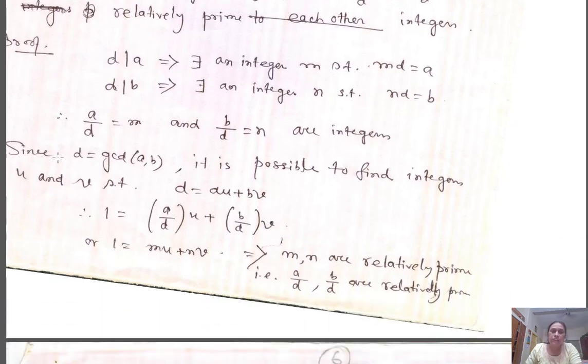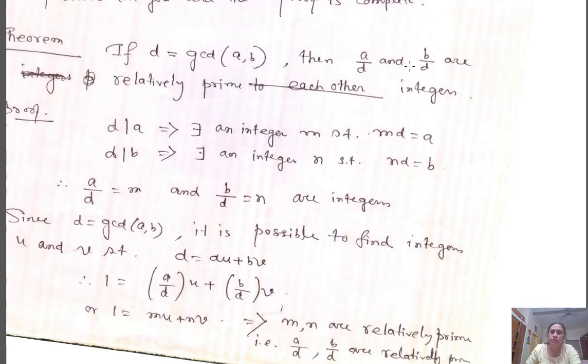Now, since GCD of A and B is D, by Bezout's identity you can find integers U, V such that D equals AU plus BV. You can rewrite it as 1 equals (A by D)U plus (B by D)V. Since A by D and B by D are integers m and n, you get 1 equals mU plus nV.